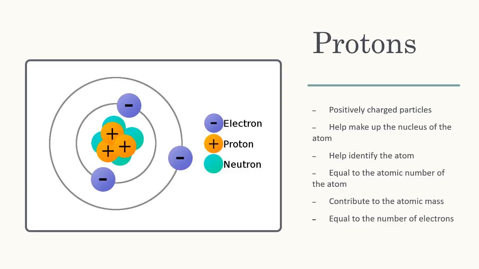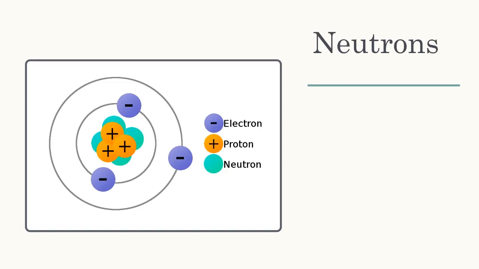So if you notice in this particular picture, we have 3 protons, 3 electrons, and 4 neutrons. So protons and electrons are always going to be equal, provided that you're looking at an atom and not an ion. Ions can actually have more or less electrons, and we'll talk about how that works in a little bit.